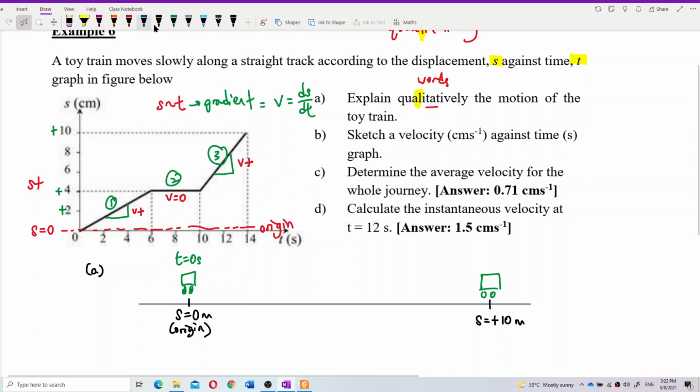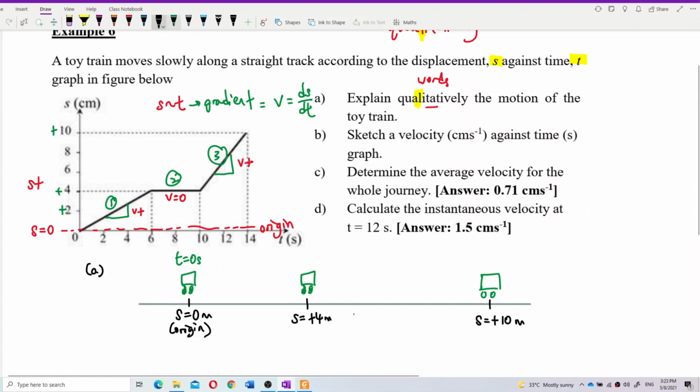So the train moves up to 4 meter. Positive 4 meter means at the right hand side of the origin.